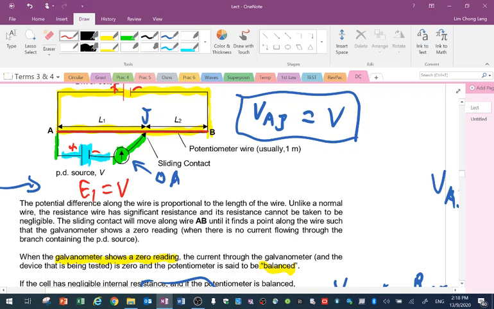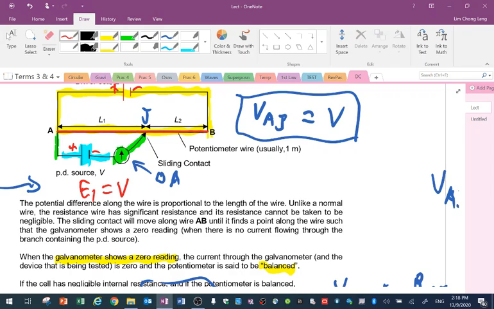Or even if there's internal resistance, you will discover later on that the PD and the EMF are equal, simply because when the potentiometer is balanced, there is zero current in the circuit. When there's zero current in the circuit, EMF is equal to PD.